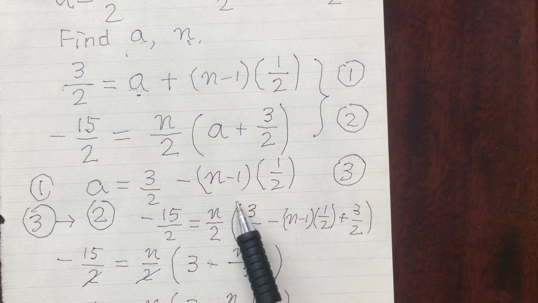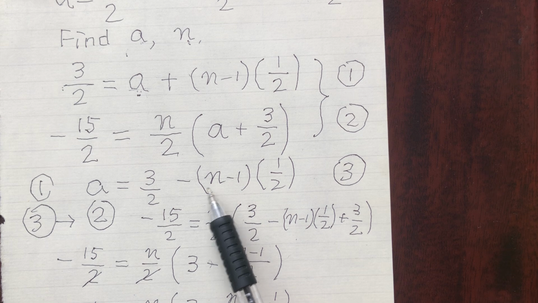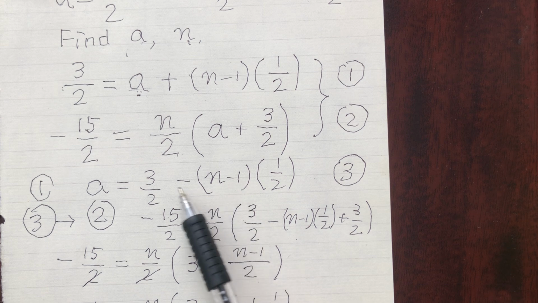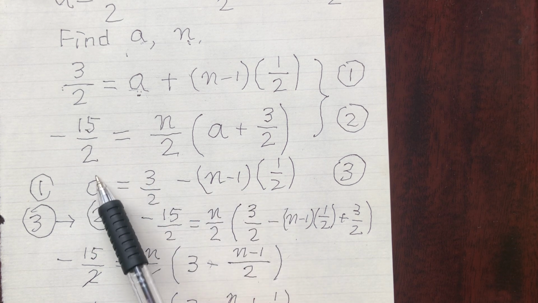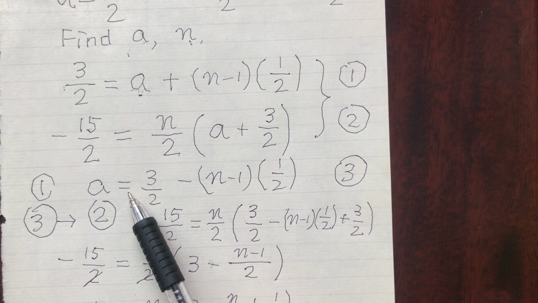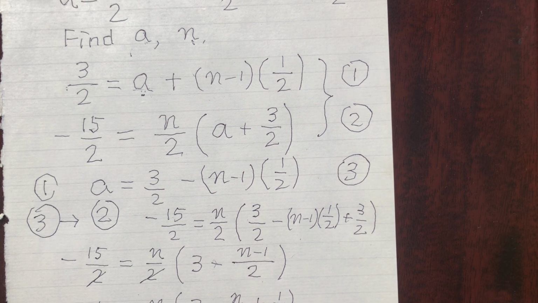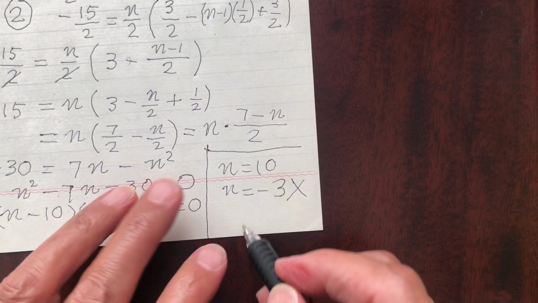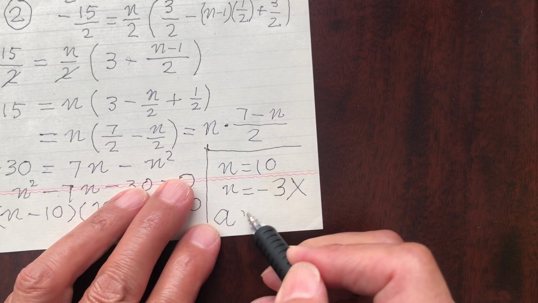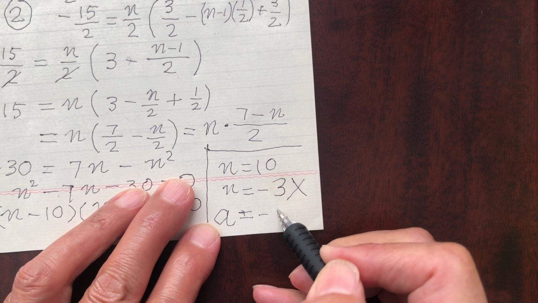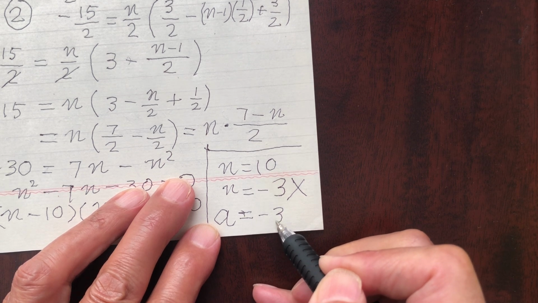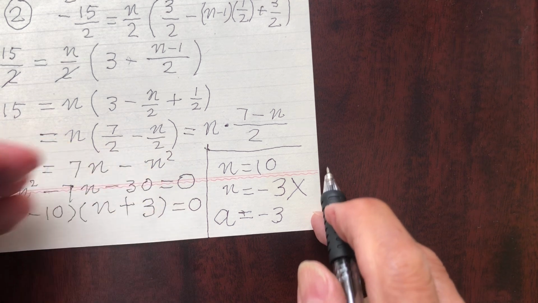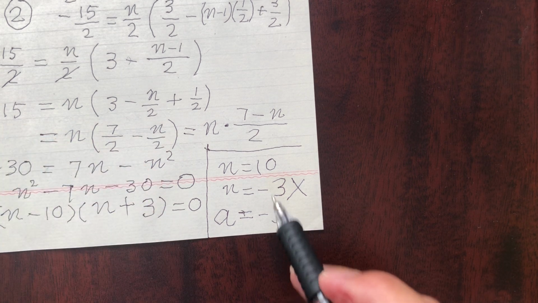So you can put 10 into here. 10 minus 1 is 9. So I have this, and I can find a. If you do that, a is negative 3. So I have a and n. A is negative 3. N is 10.